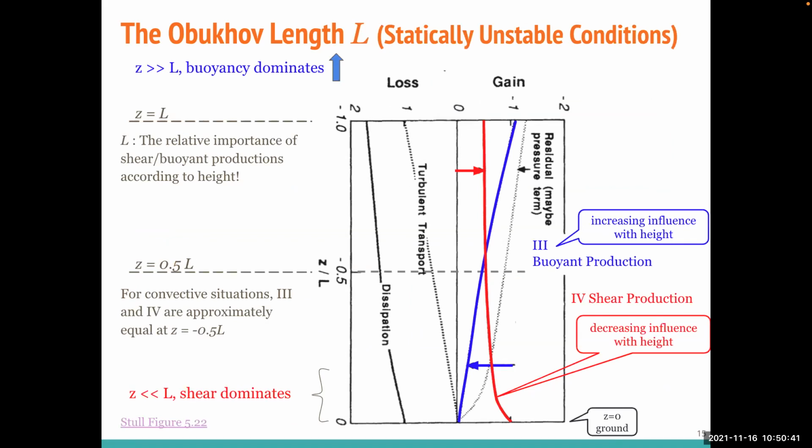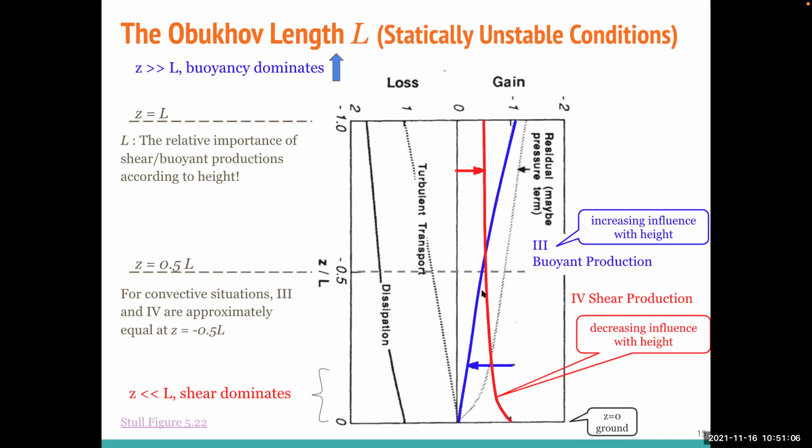So this graph is a little bit difficult to understand. So I just shifted the direction from the textbook. The textbook is like 90 degrees to the left. Okay, so here the vertical dimension is the height or the dimensionless height, Z over L. So this is a profile coming from measurement.